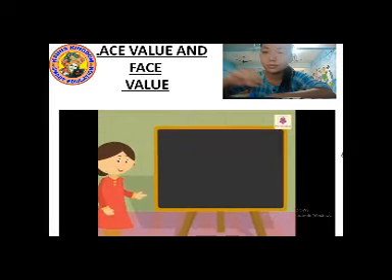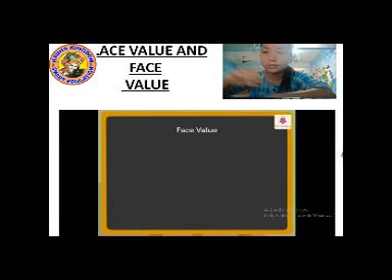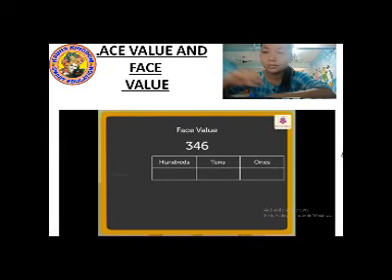Now, let us learn what the face value of a digit is. The face value of each digit in a number is the same as the digit itself. Let us look at the number 346 again to understand this. As you know already, number 3 is placed in the hundreds column, number 4 in the tens column, and number 6 in the ones column.